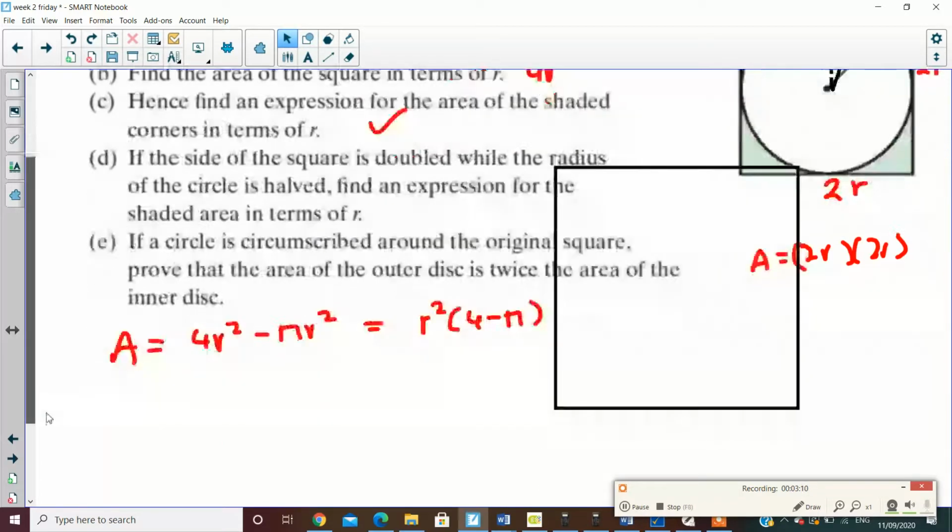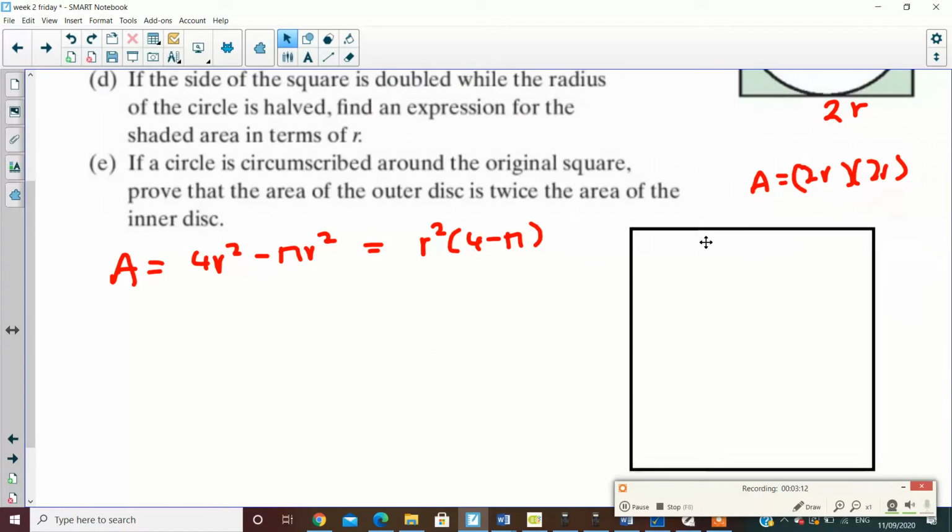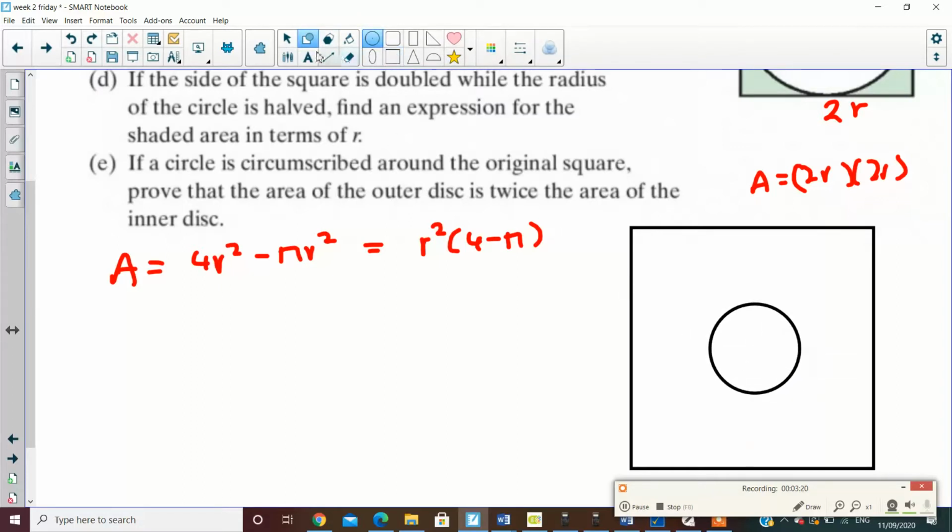What are you expecting about the area now? It's going to be much bigger, isn't it? There you go. All right. What's the length this time? It was 2r, now it's 4r. And what's the radius? r over 2.